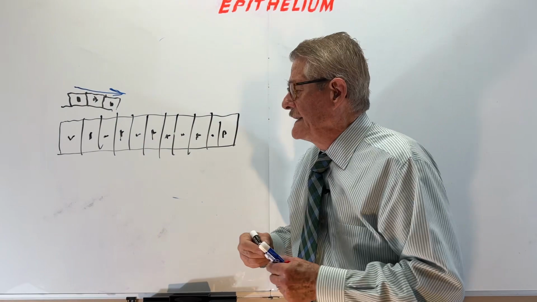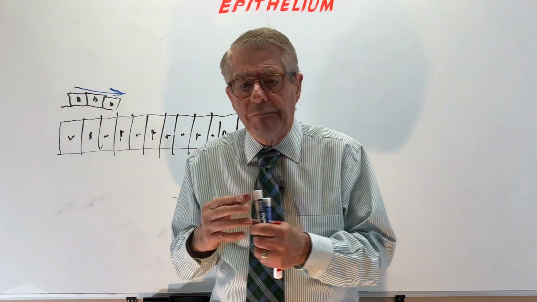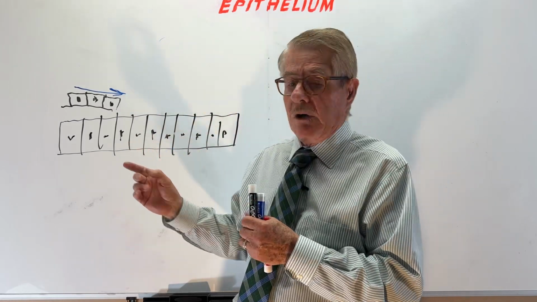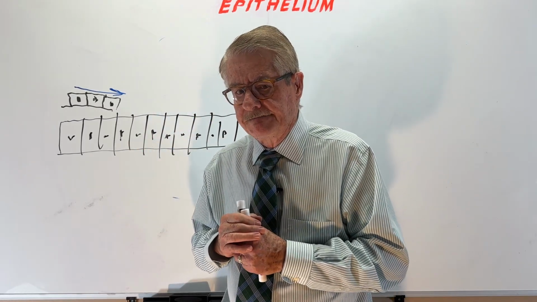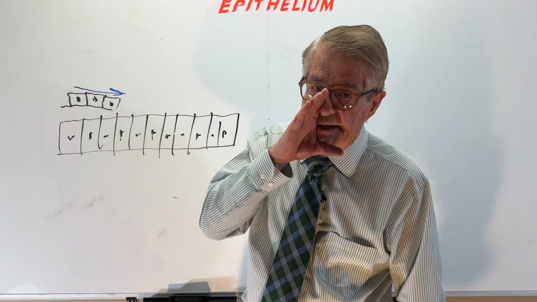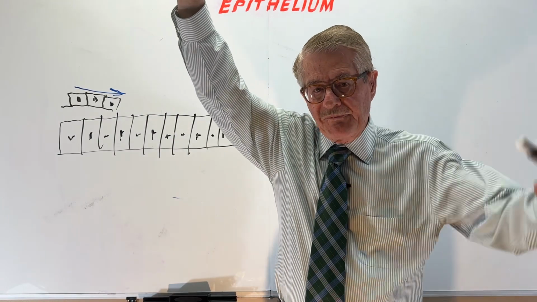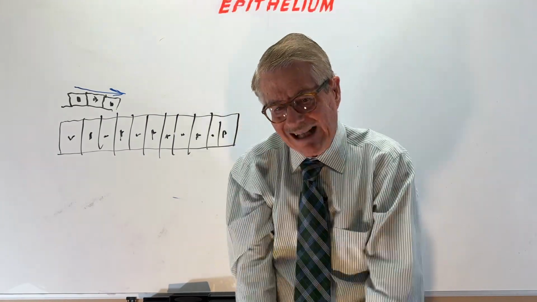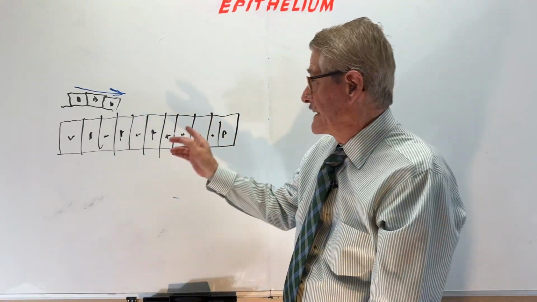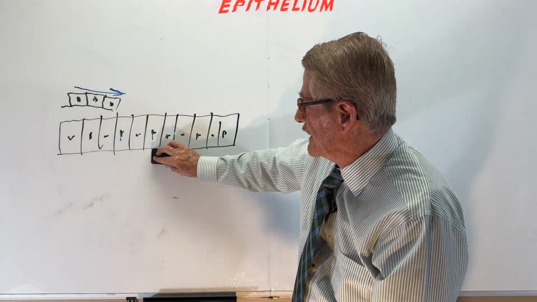Is there any place in the body that we have the lumen covered by simple columnar cells? Yes. And what is it? The GI tract. The GI tract, excluding the esophagus, from the stomach all the way down to the anus, is covered by a single cell layer of columnar cells.